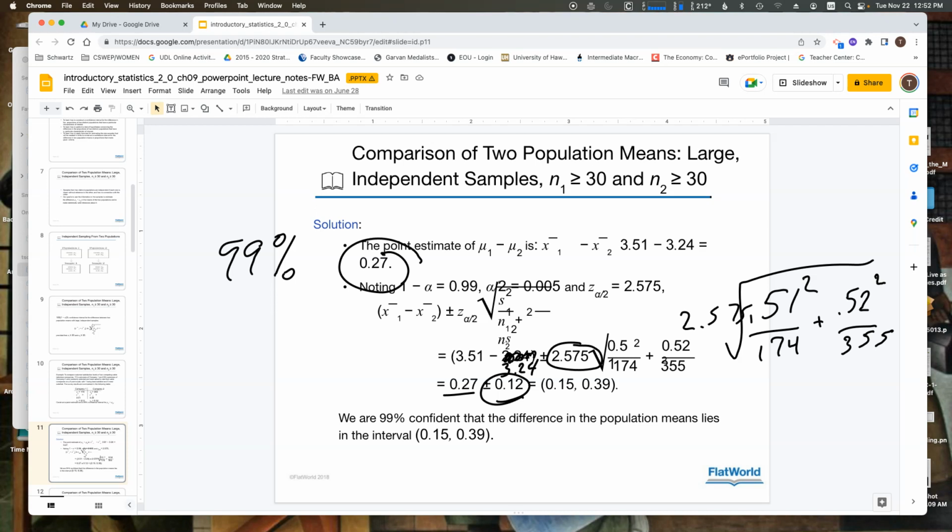So now we're going to take our mean difference and add or subtract 0.12 to get this 99% confidence interval for the difference of the population means.